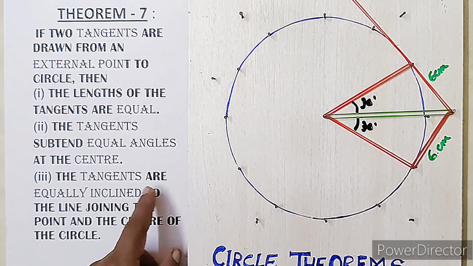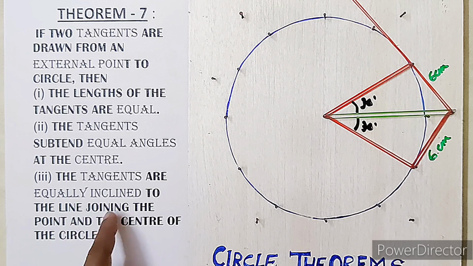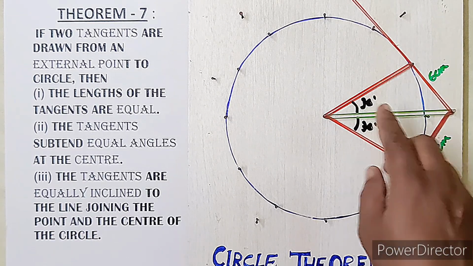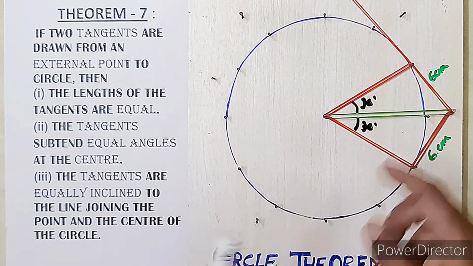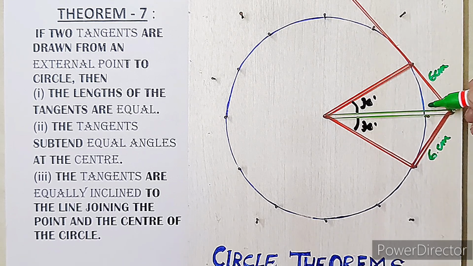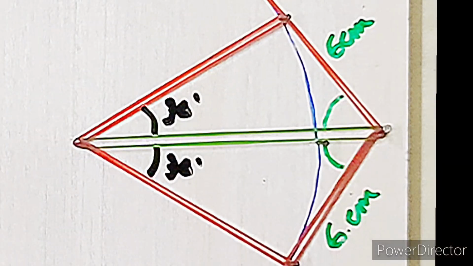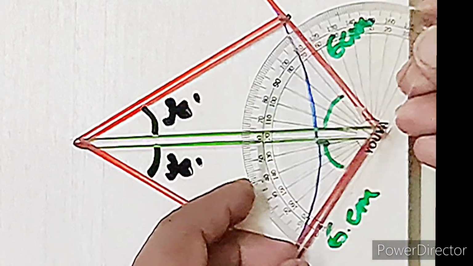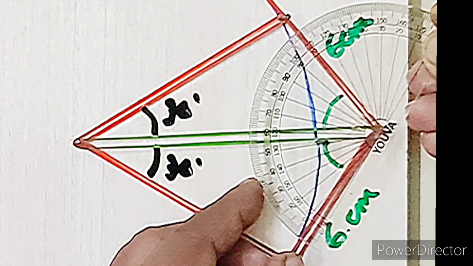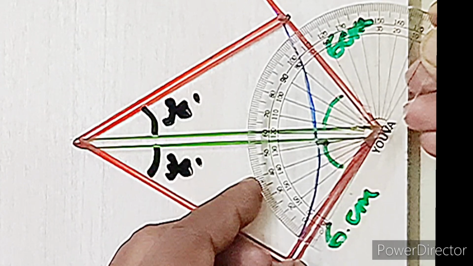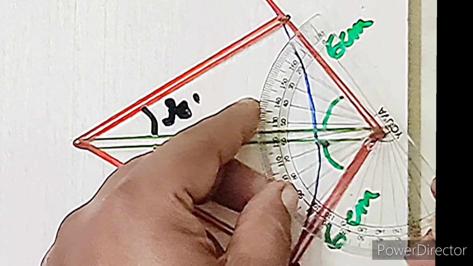The third part says the tangents are equally inclined to the line joining the point and the center of the circle. So these are the 2 tangents. This is the center and this is the point from where the tangents are drawn. Equally inclined means the angle which the tangent makes with the line joining the center and the point. So we have to take a look at the measurement of these 2. Let us measure and see what we are getting here. You can see we are getting close to 60 degrees, and let us measure this and see.